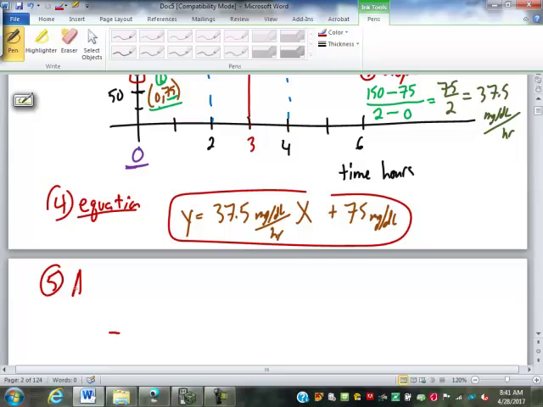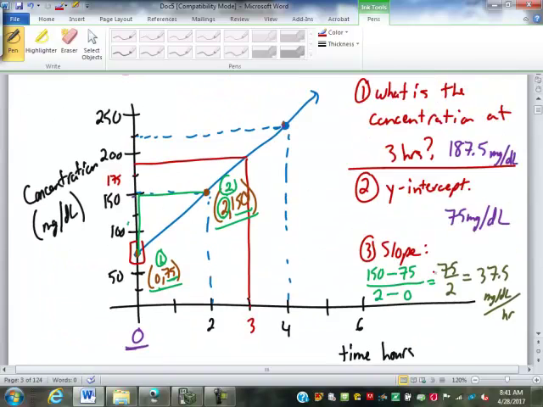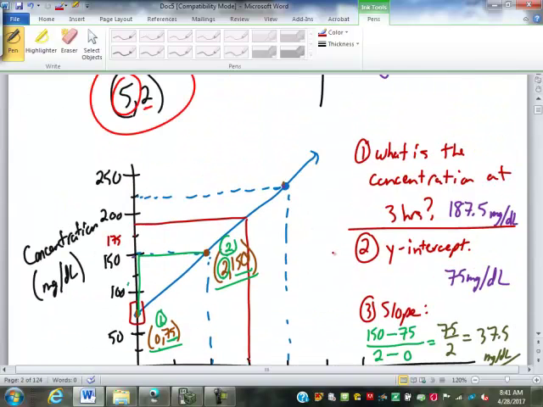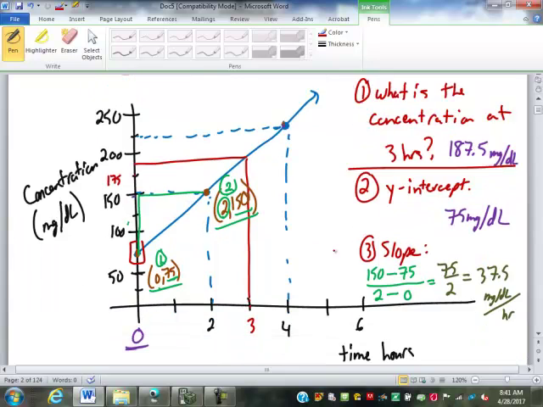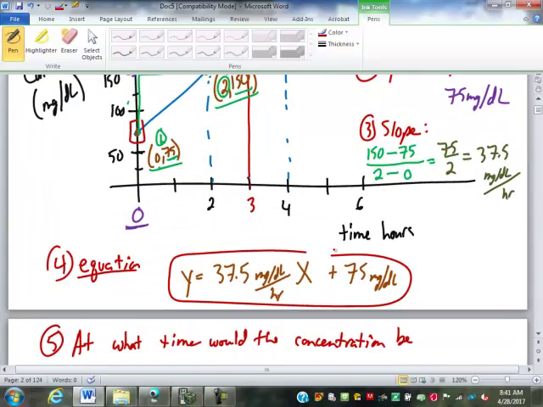And we might then from there be asked different questions, like at number 5, we might ask, at what time would the concentration be, let's see here, let's look at 300 milligrams per deciliter.